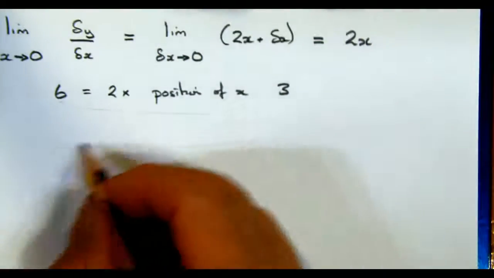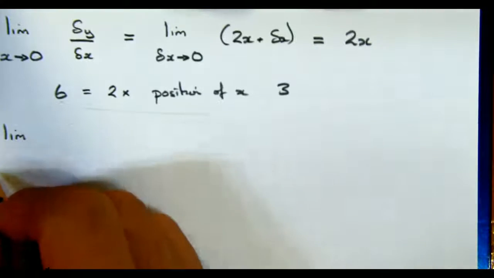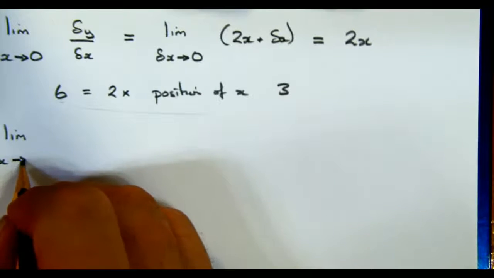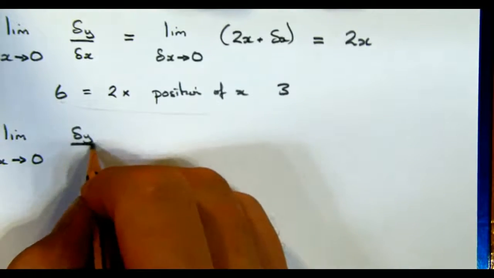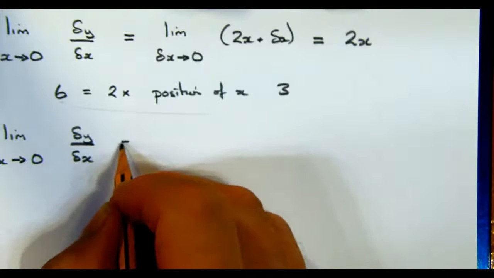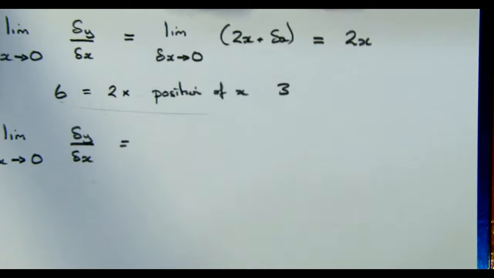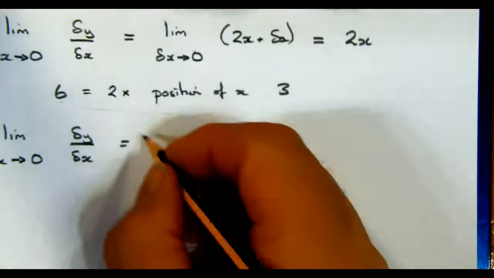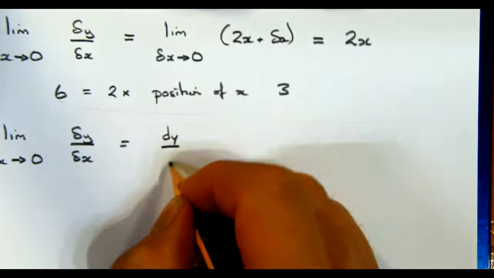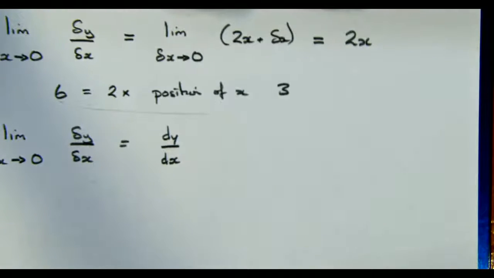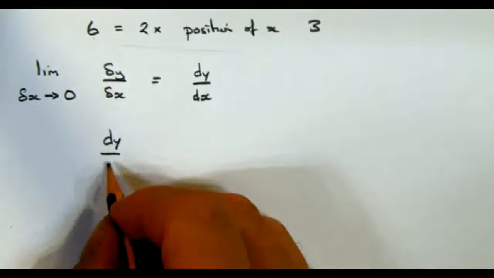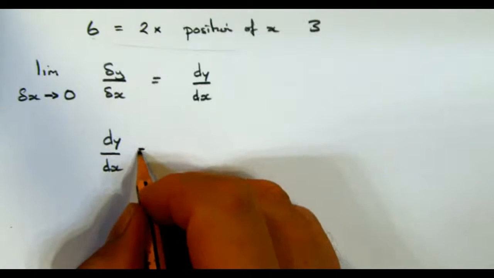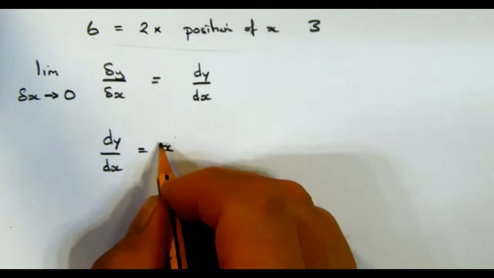So instead of writing this limit as delta x tends to 0 of the change in y over the change in x, we're going to represent this as a symbol, dy by dx. And in this case we're going to say that dy by dx equals 2x.